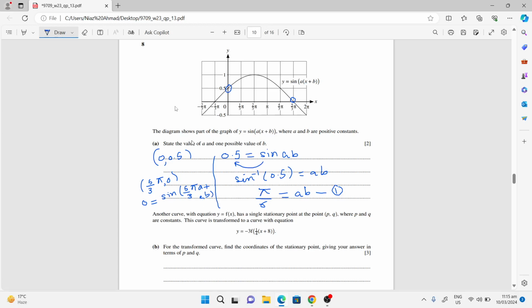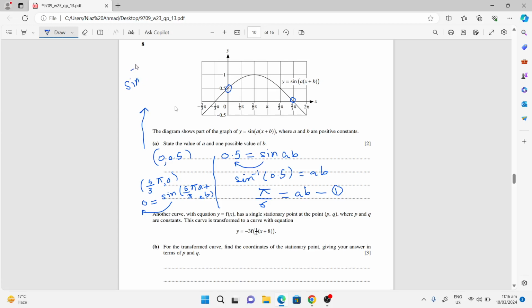Now take sine to the left side and it becomes sine inverse. Remember this. Basically you need to cover all your key concepts regarding any particular topic.